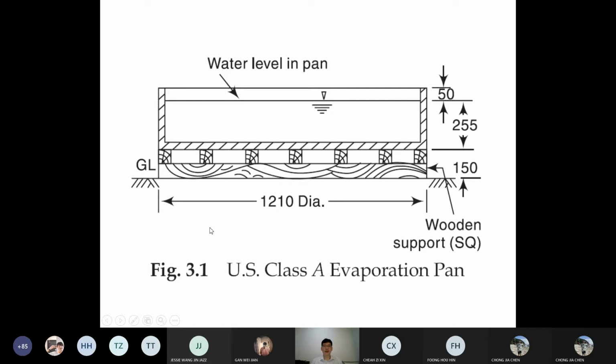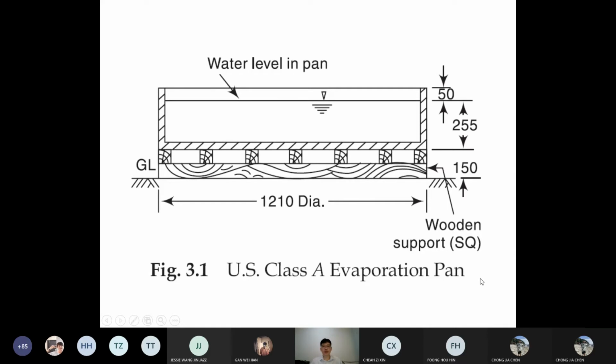So this is the pan we can see. 1210 mm in diameter, and you can see that we have the wooden support. We need to put it 15 cm above, and there is a height of water, and we still have some space on top. That is the space on the US Class A evaporation pan.